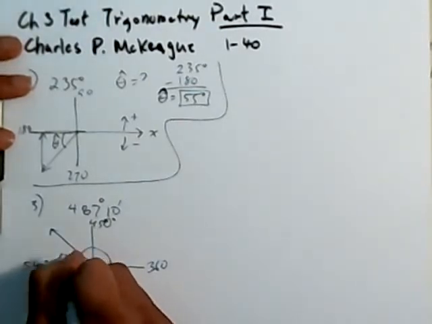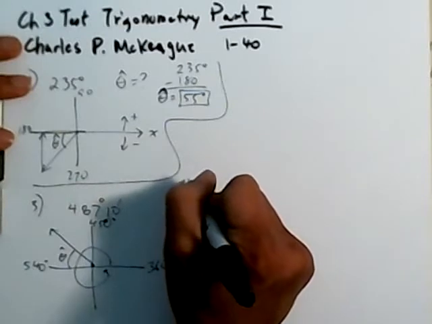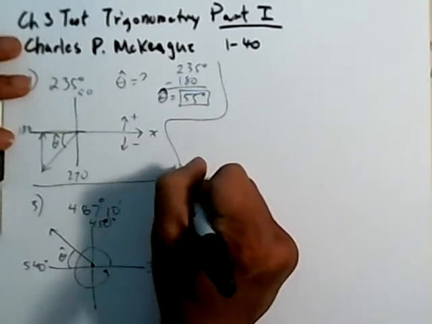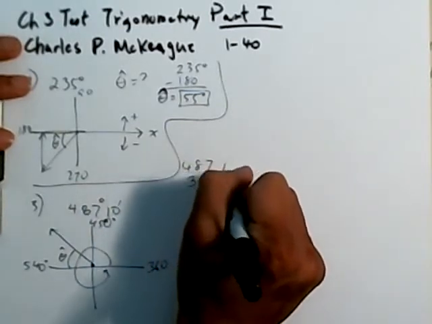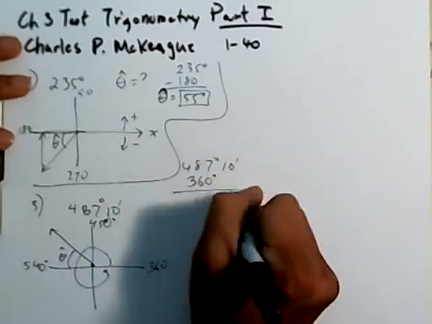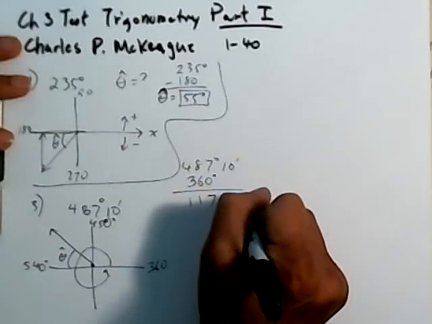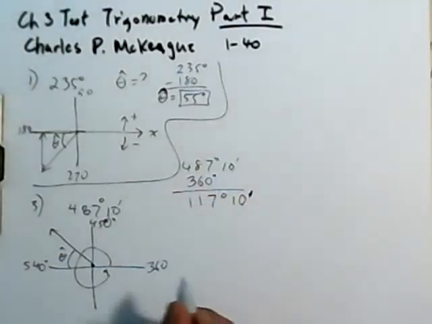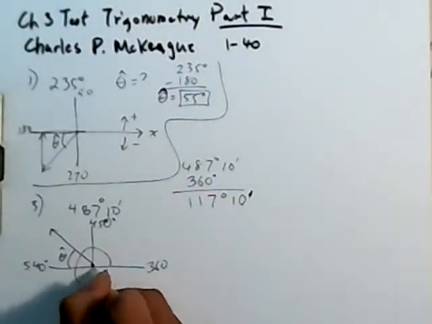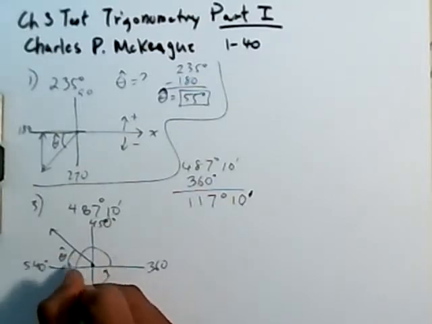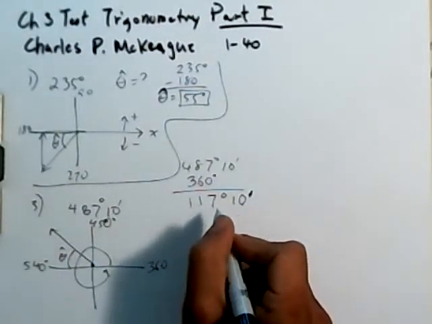Of course, we have to find theta hat. First thing we do is subtract 360 degrees from 487 degrees and 10 minutes, and you get 127 degrees and 10 minutes. To find that angle, you go 180 minus that to figure out theta hat.